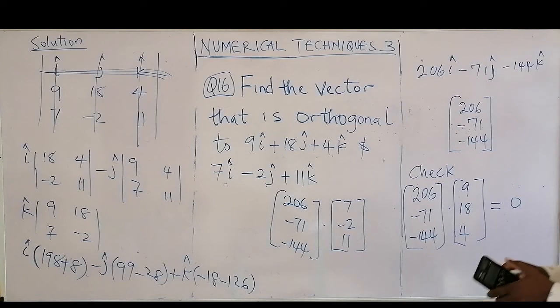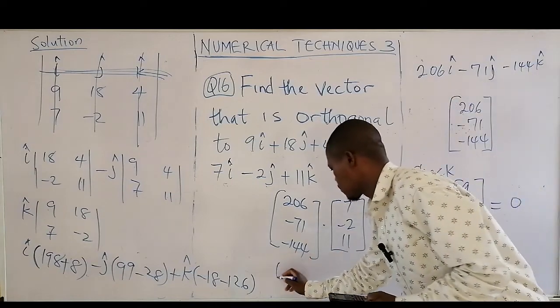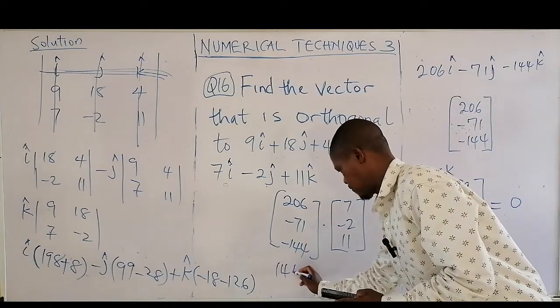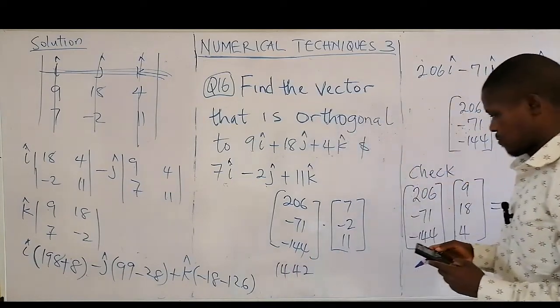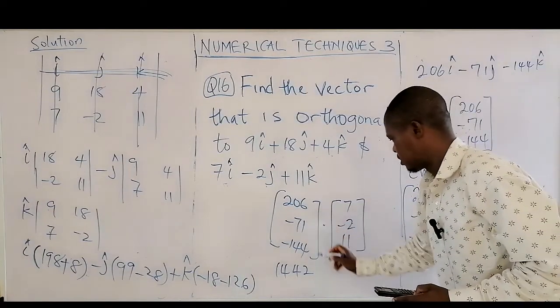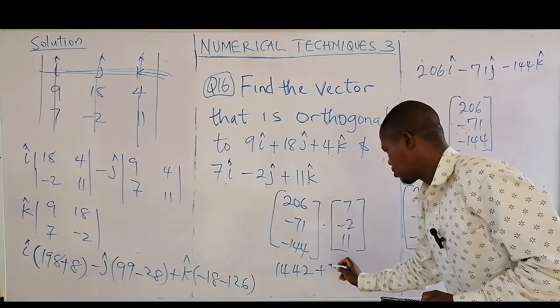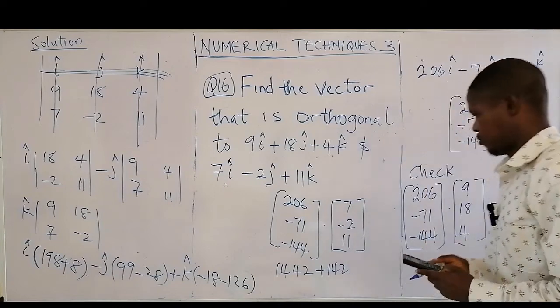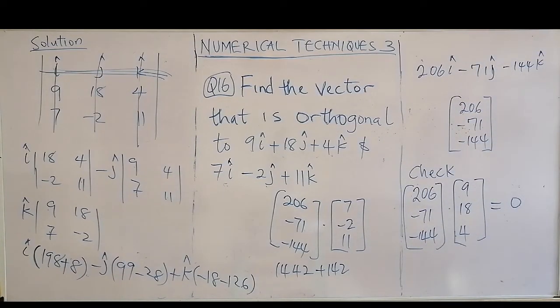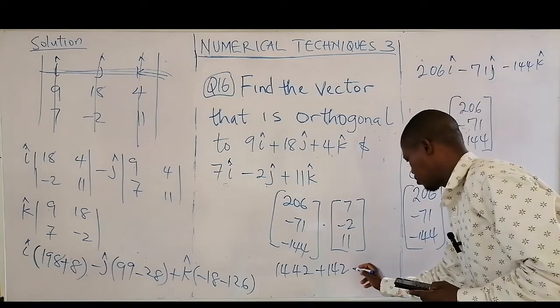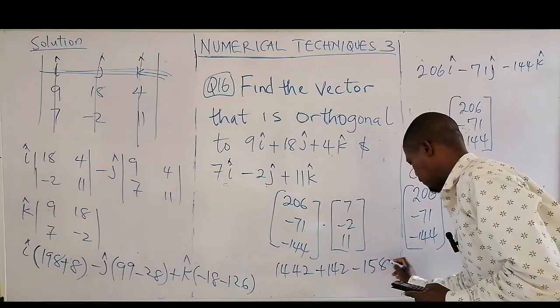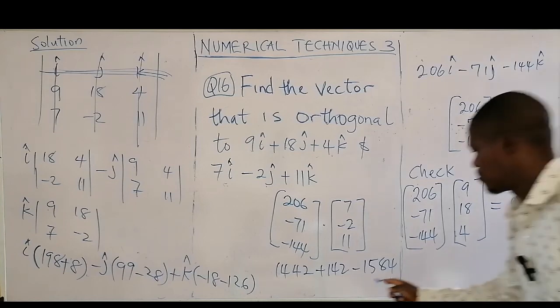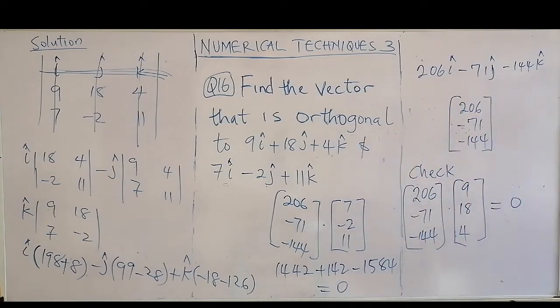So let's do one of them. 206 times 7 is 1442. Then minus 2 times minus 71 is plus 142. And then minus 144 times 11 is minus 1584. Let's check that. Yeah, that's 0. So that confirms the orthogonality.